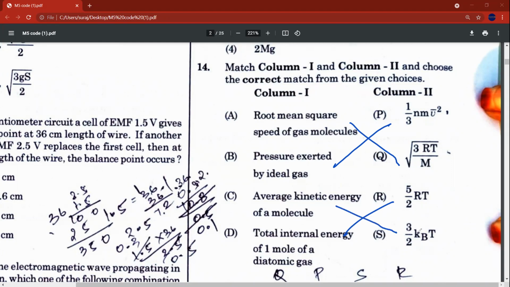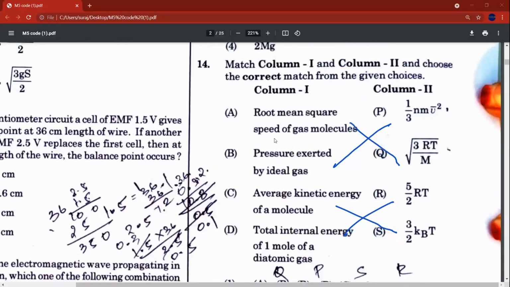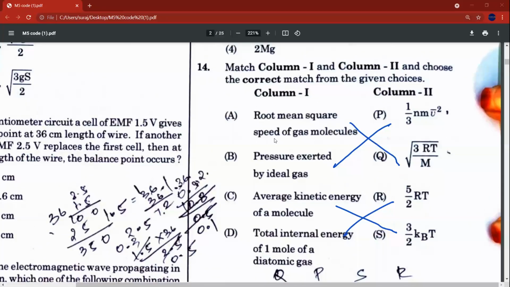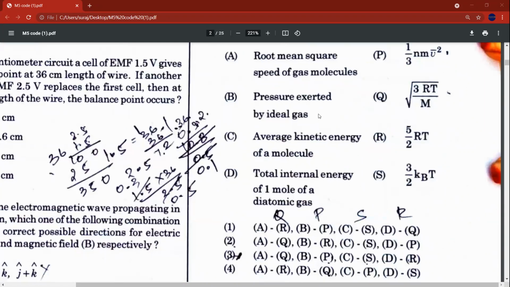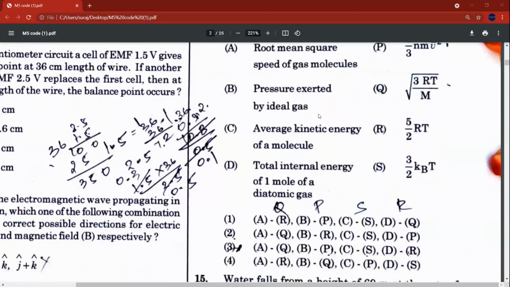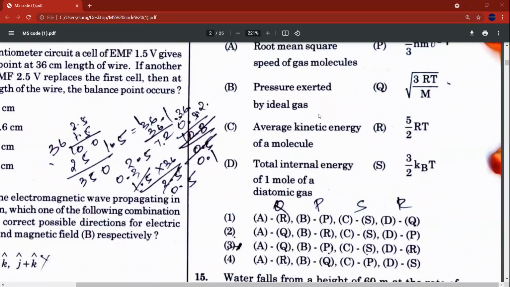So it should be AQ, BP, AQ, BP. That is question 14, right? Option 3 should be correct.